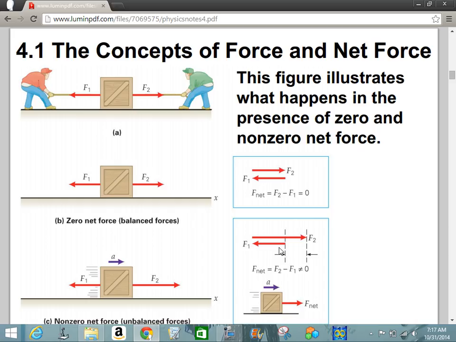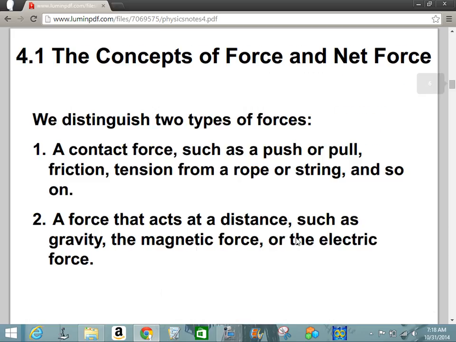However, if we take the sum of the two vectors from part C, I'm sorry, what we'll see is that the resultant vector, or sum of the two vectors, because f sub 2 is greater in magnitude, gives us motion in that direction. So the resultant vector, the net force, is the difference of these two force vectors.